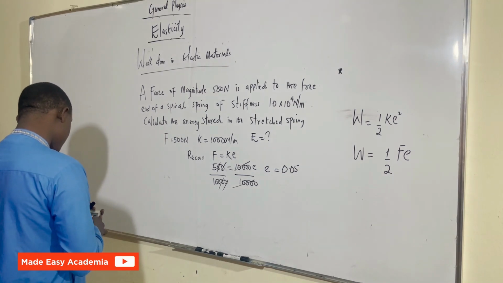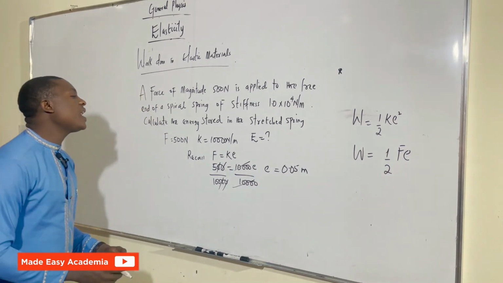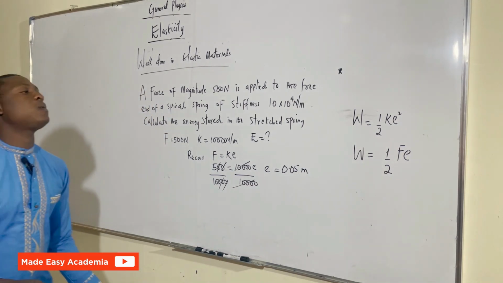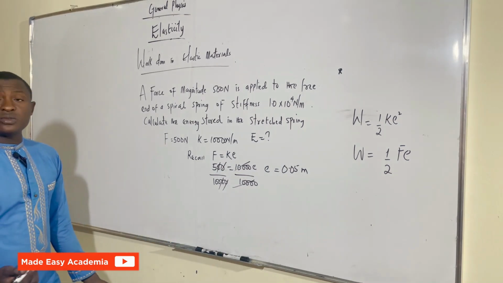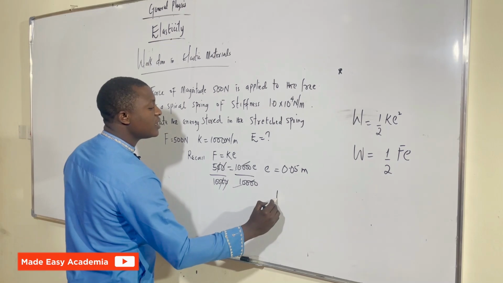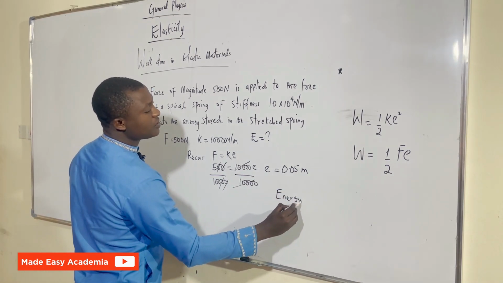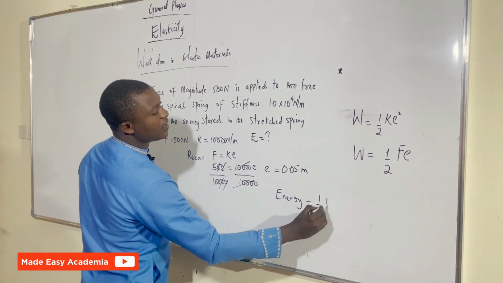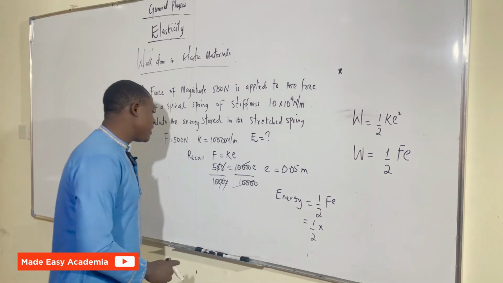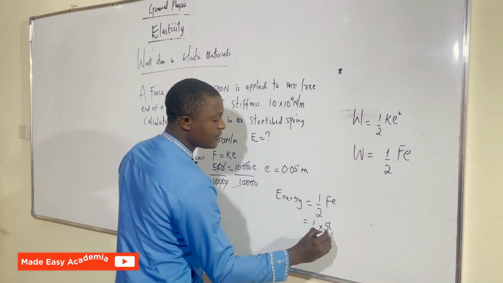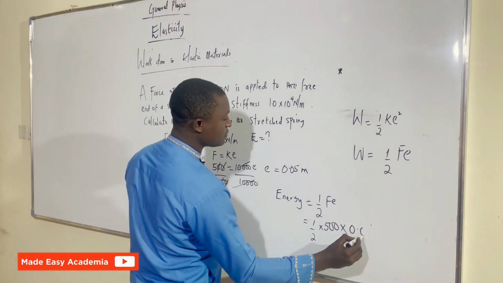Now I have all the values. I can apply equation 1 or equation 2, and whichever you apply, you are going to get the same result. We know that work done, which is energy, is half F E. The F that we have is 500 and our extension is 0.05.